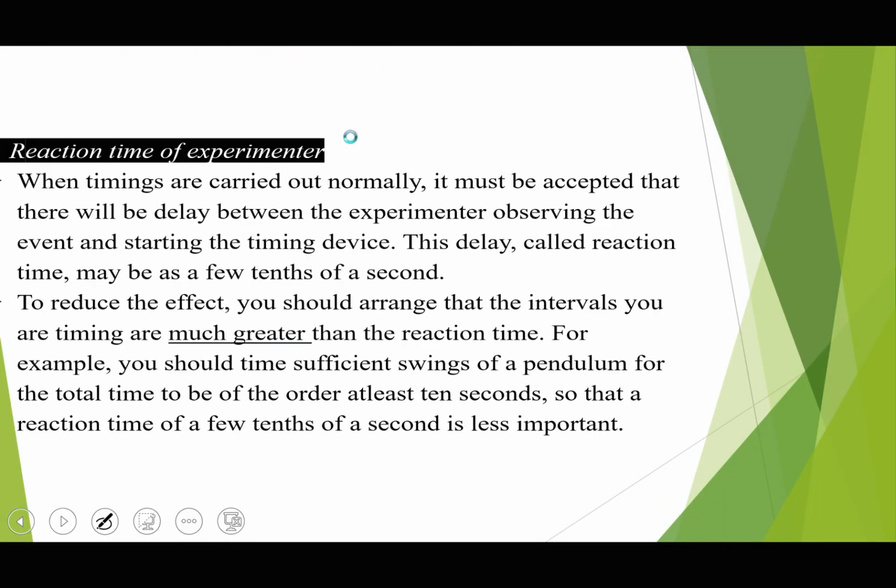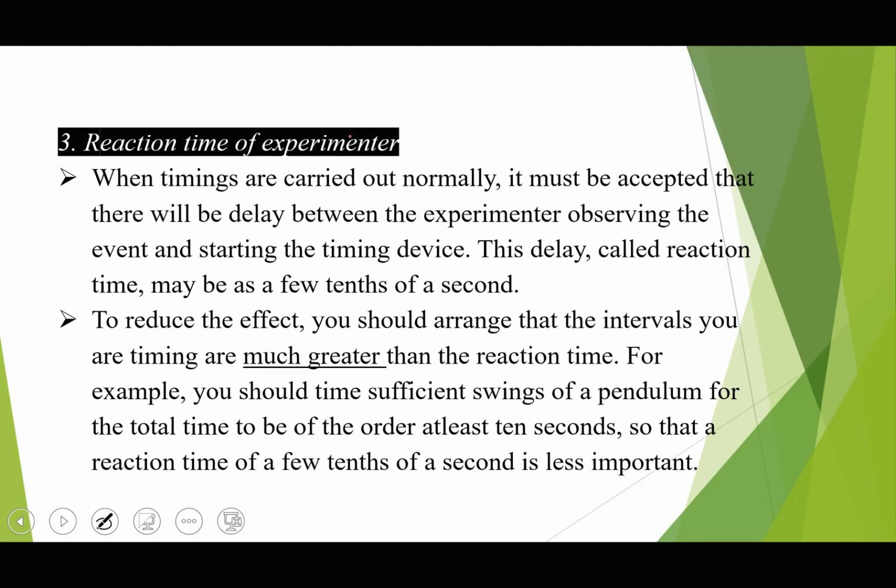Number three, we have what we call reaction time. Sometimes when you start the stopwatch, there is a reaction time which for a normal human being is approximately, I think, 0.2 seconds. Most likely you are going to be reluctant to start or to stop a stopwatch by about 0.2 seconds. This is what we call reaction time.